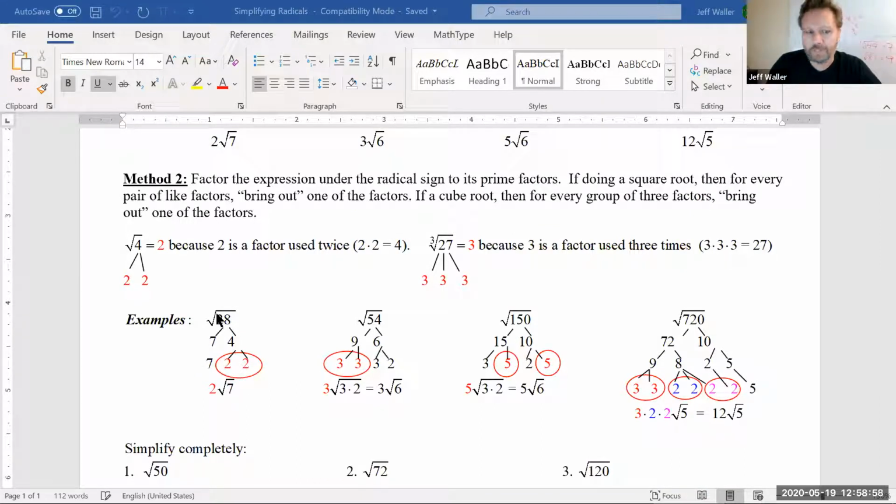Remember prime factorization, a little tree you can make? And any group of 2 that you see, you write 1 out there. I personally don't like this method as much because people make really silly mistakes with this method. But I put it down there in case you want to look at it and you like it.